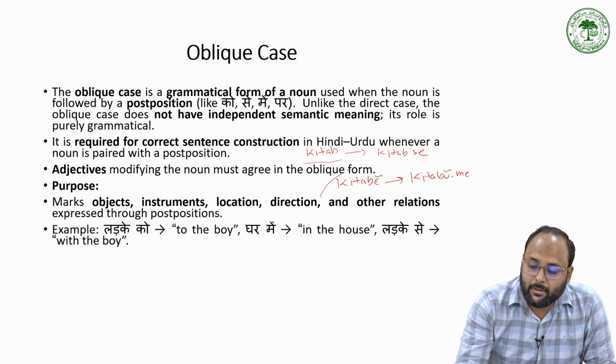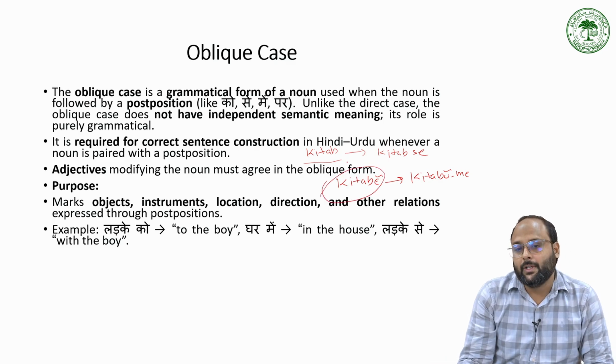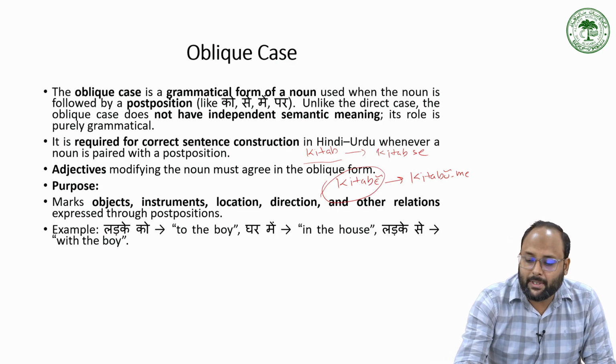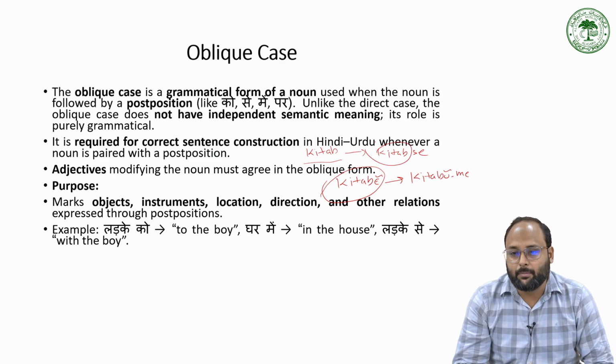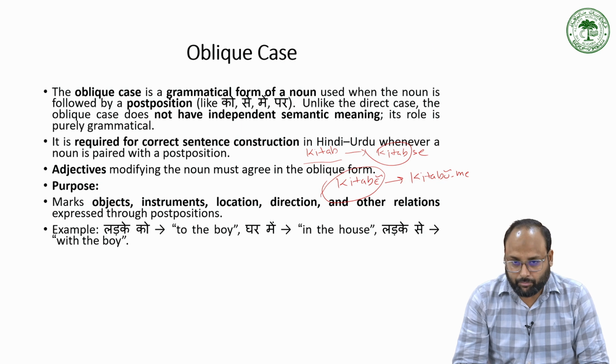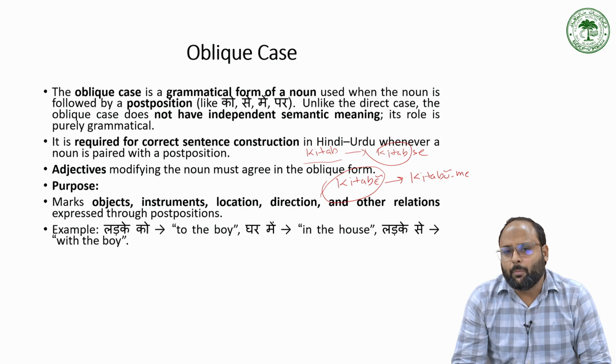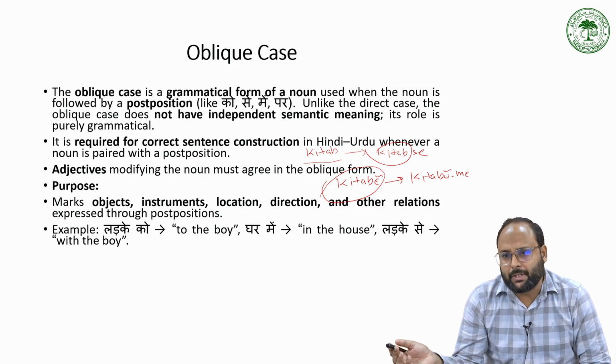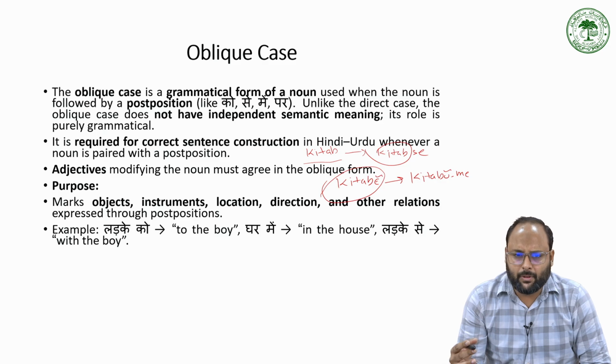So that is called the oblique form, the oblique case. There may be no change, but when the kitab occurs before the postposition, it is the oblique form. So the oblique case is not actually a proper case which represents some subject position or object position, or for instrumental we have some means, there might be some modification.